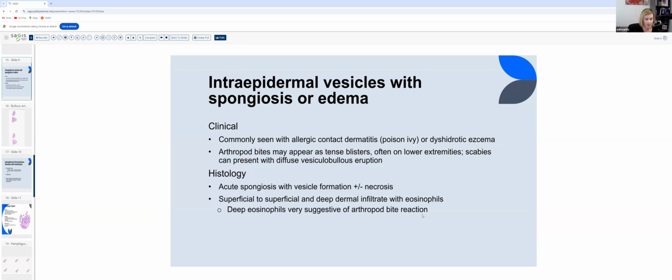So whenever I see a biopsy with spongiosis, a superficial and deep pattern, and numerous eosinophils, the number one possibility on my differential diagnosis is an arthropod bite reaction until proven otherwise.